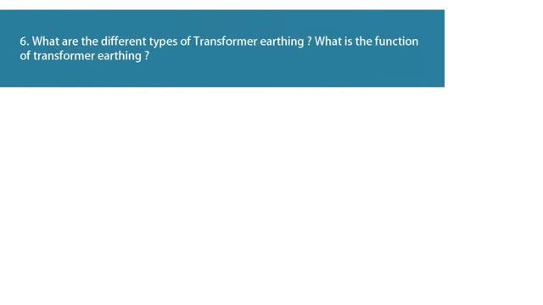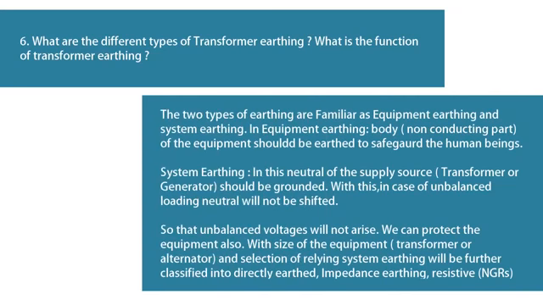6. What are the different types of transformer earthing? What is the function of transformer earthing? The 2 types of earthing are equipment earthing and system earthing. In equipment earthing, the body, non-current-carrying part, of the equipment should be earthed to safeguard human beings.